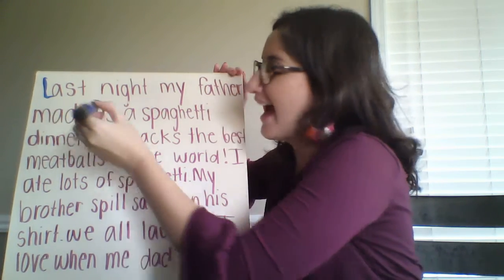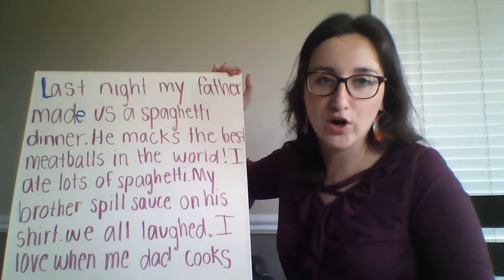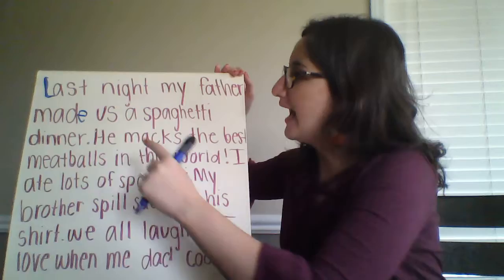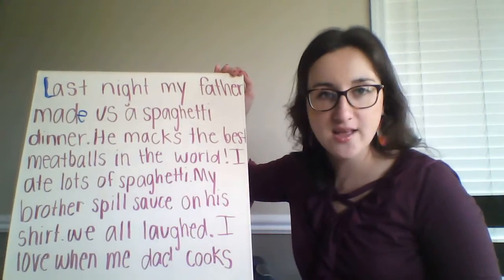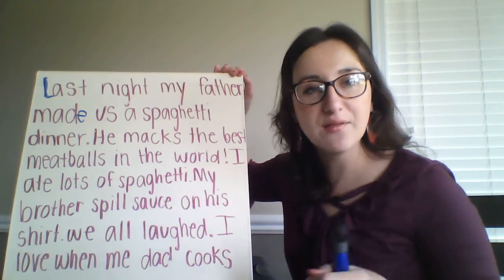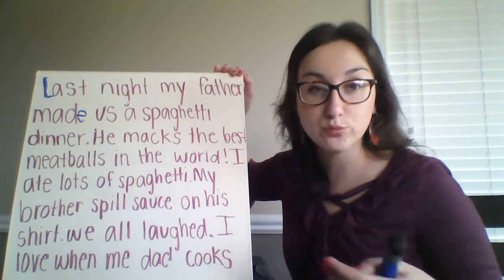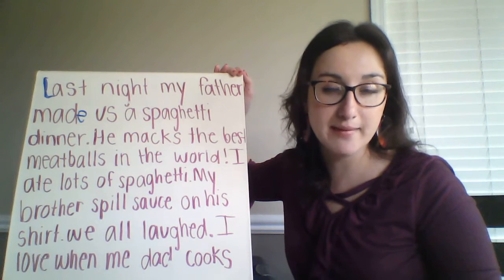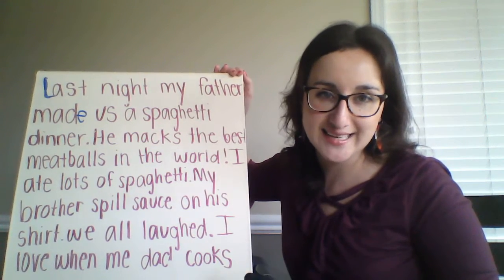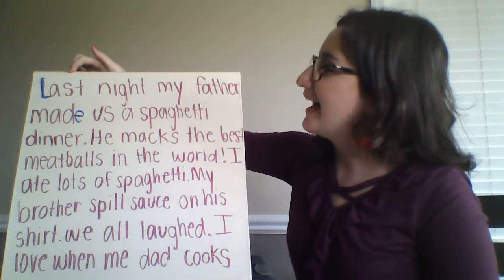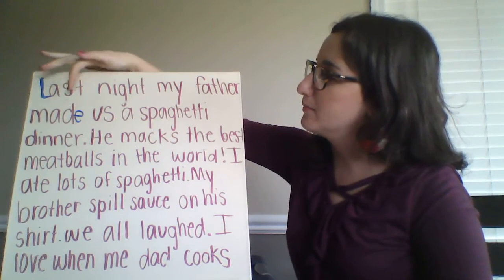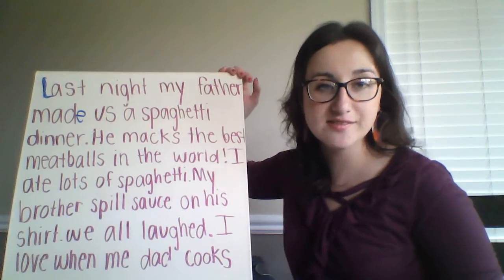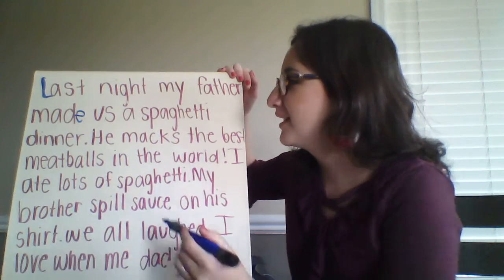If I add an E at the end of that word, it takes the word from mad to made. I made 2 corrections on the first sentence. Now that I've made those corrections, I'm going to read the sentence again to see if I notice any other changes that can be made, or I'll move on to the next sentence. Last night, my father made us a spaghetti dinner. There's punctuation there, so those 2 changes are good to go.